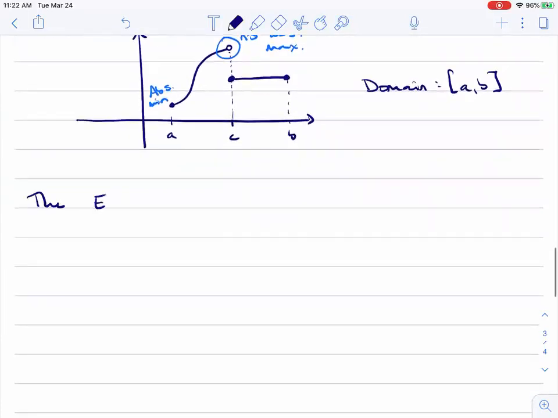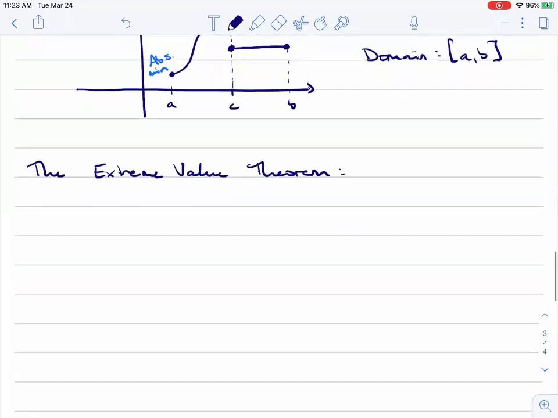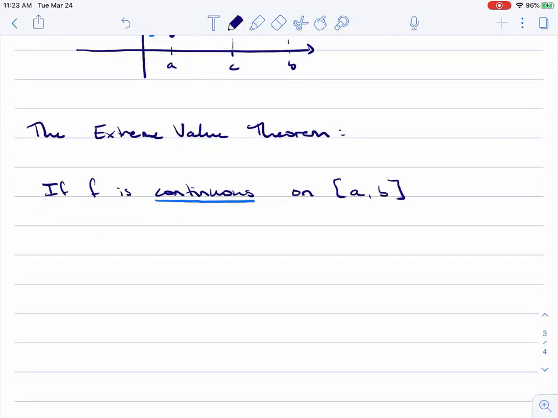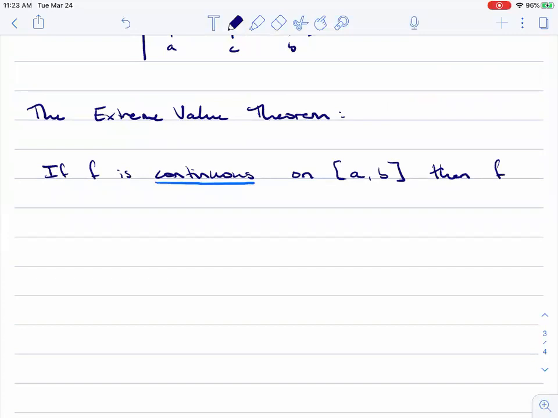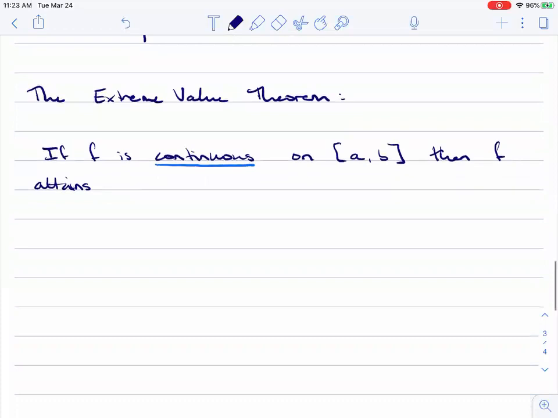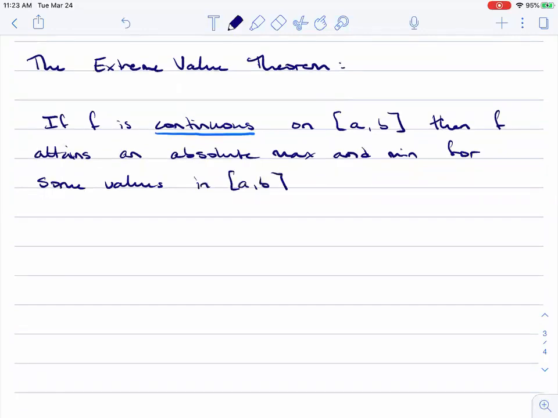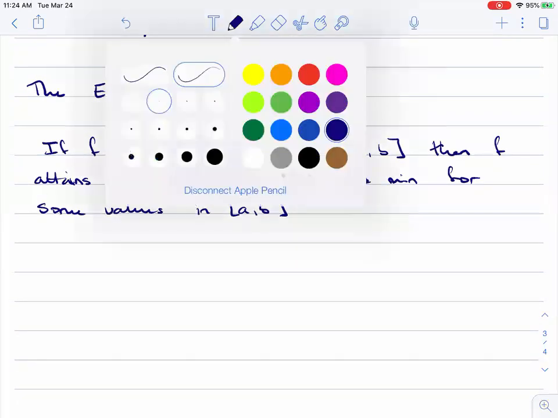And so the extreme value theorem says that if f is continuous, which is something that we're going to need to check, we have to assume that f is continuous, on the closed interval AB, then f attains an absolute max and min for some values in the closed interval AB.